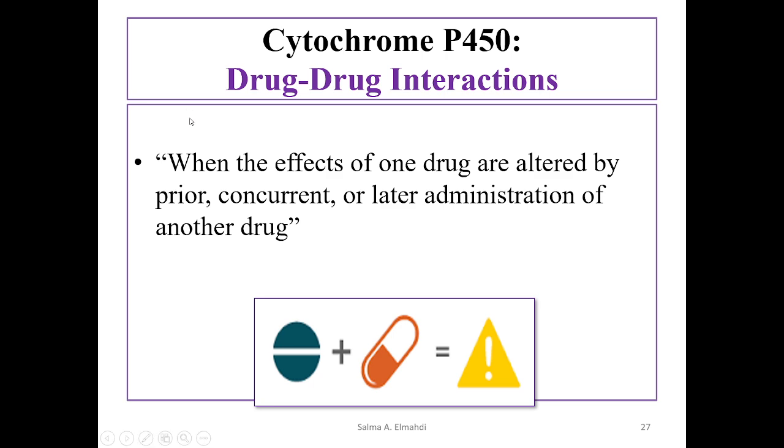Whether drug A, for example, was taken before drug B, or the two drugs are taken at the same time, or another drug is administered following another drug. So they don't have to be administered at the same time. It may precede or follow it. Still, they can interact because there are still remnants within the body and they are not fully excreted.